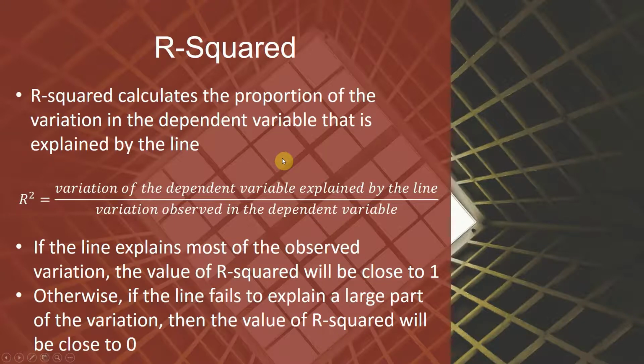So R-squared is a measure of the proportion of the variation that we observe in the dependent variable that is explained by our line. The higher the proportion, the better our line. A good fit line has an R-squared value closer to 1, and a bad fit line has an R-squared value closer to 0.